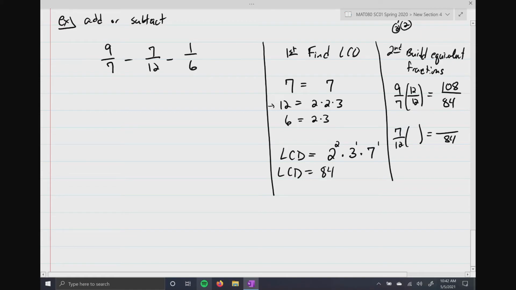Same thing. I want a denominator of 84. My first fraction I'm starting off with is 7 over 12. So the number that I need to multiply by is 7. So I multiply 7 over 7, and I get 49 over 84.